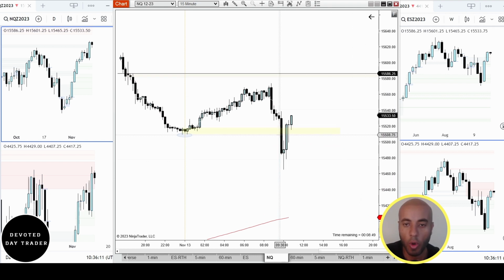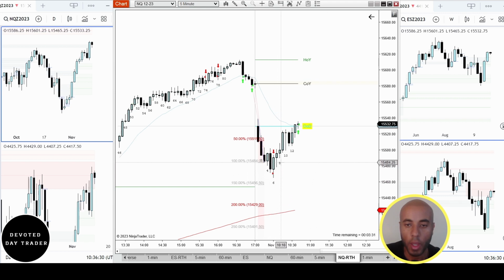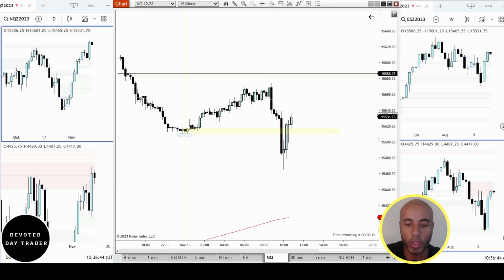I was hoping that it would go to this area, but it started going higher, and maybe I should have gotten out of the trade in this area around here, but it is what it is. I took my loss, and I will patiently wait for the next trade.